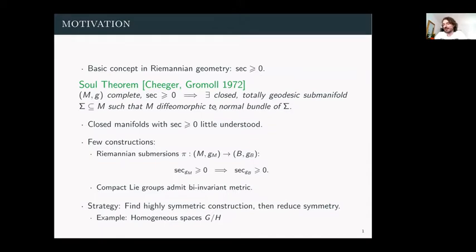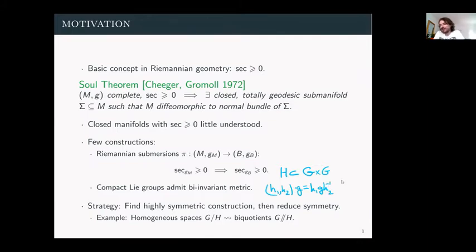You can think of reducing symmetry by introducing the concept of a biquotient. For those of you who don't know what a biquotient is, instead of taking a subgroup of the group G, you take a subgroup of G cross G and let it act on G on both sides: on the left by H1 and on the right by H2 inverse.